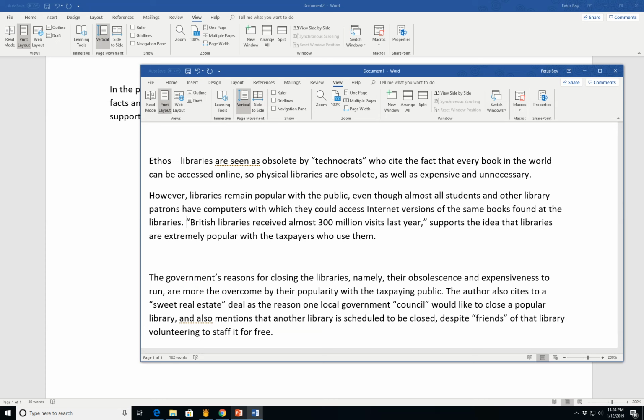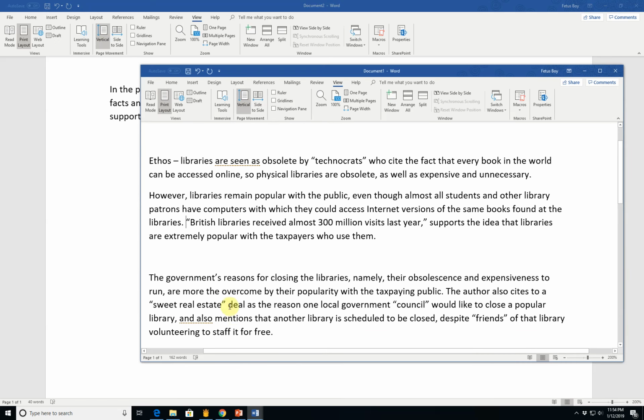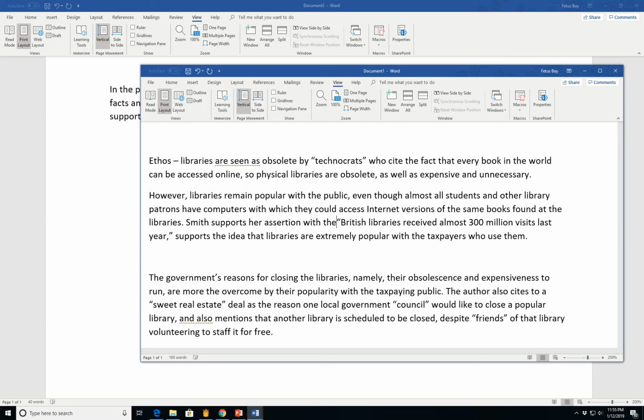What's the author's name here? Zadie Smith. With the statistic.